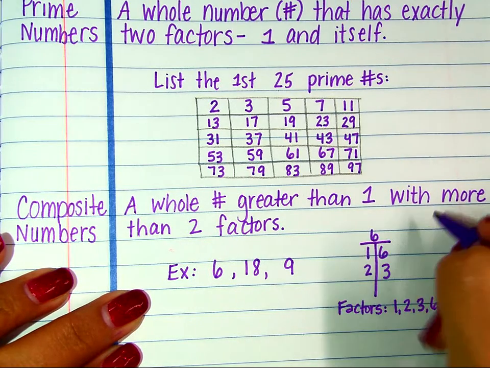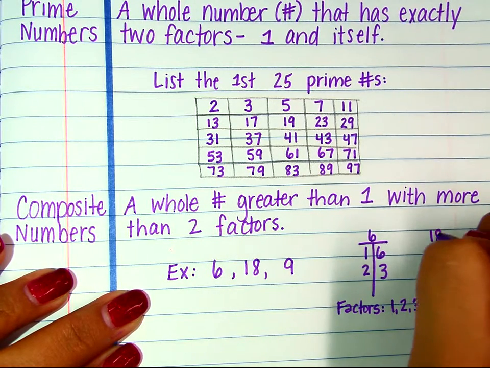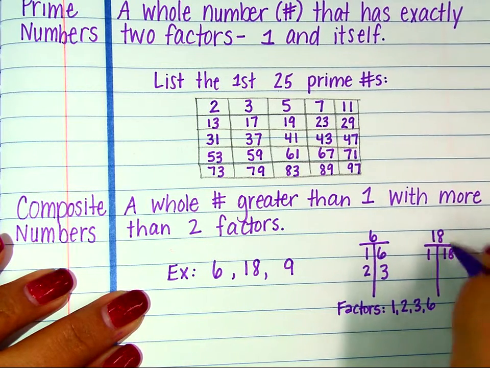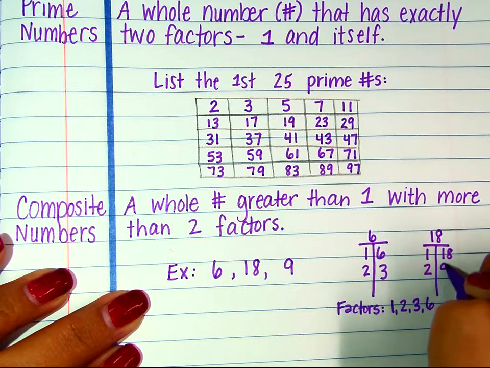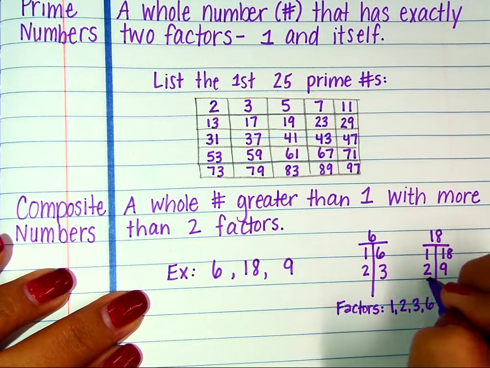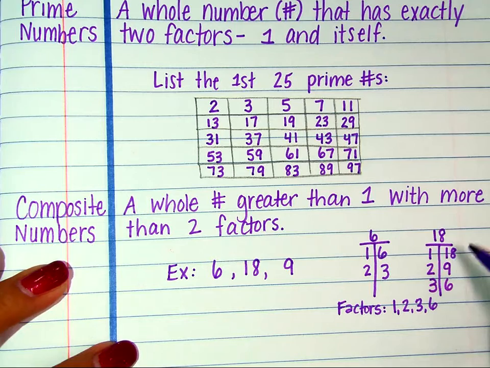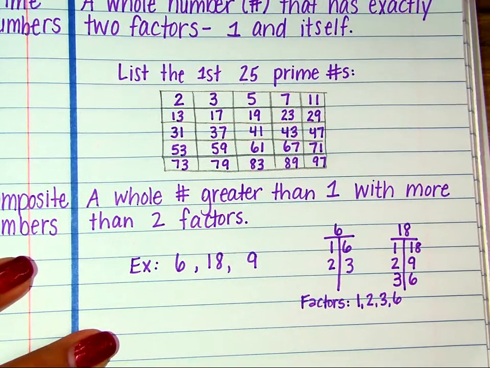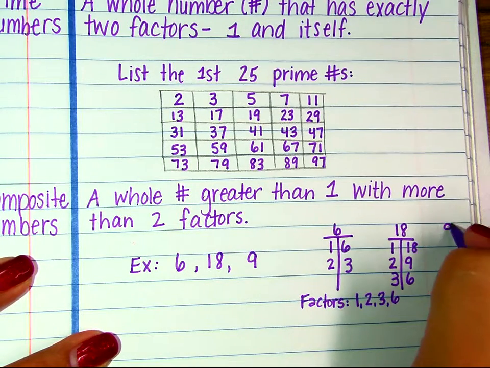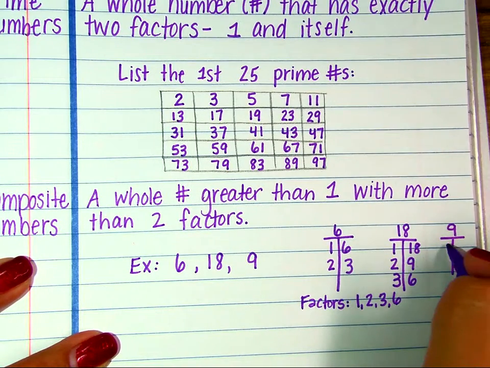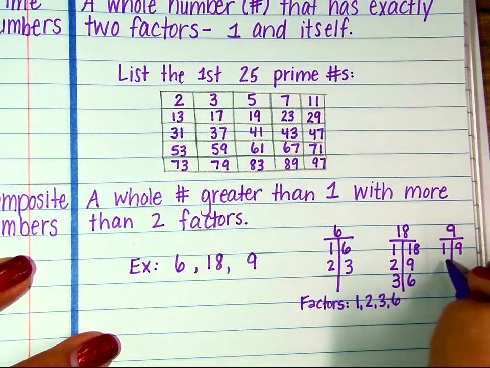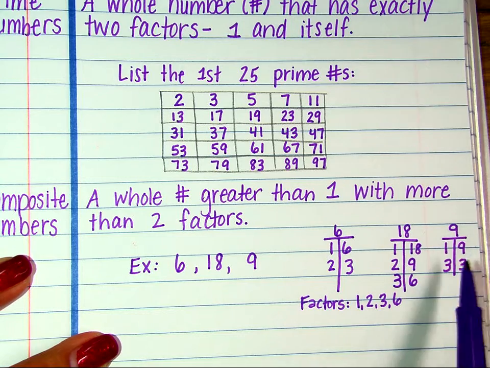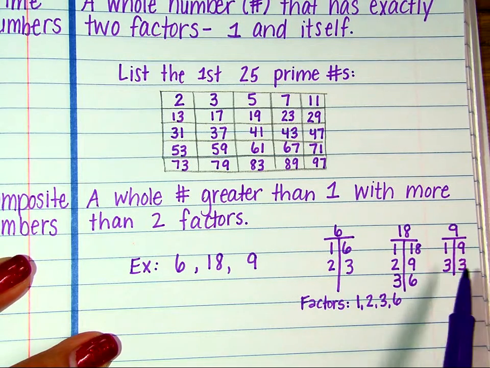I could take 18 and do the same thing: 1 times 18, 2 times 9, and 3 times 6. So 18 has 6 factors. For 9, 1 times 9 and 3 times 3 equal 9. So if you have more than 2 factors, and each of these do, they're composite numbers.